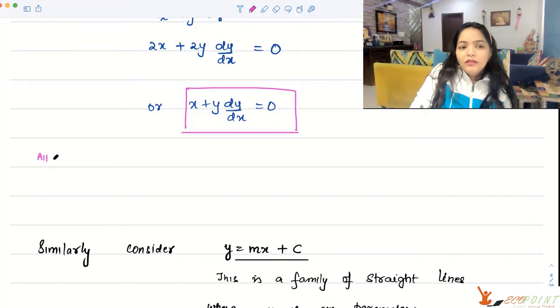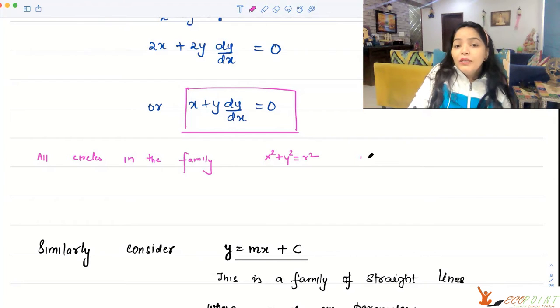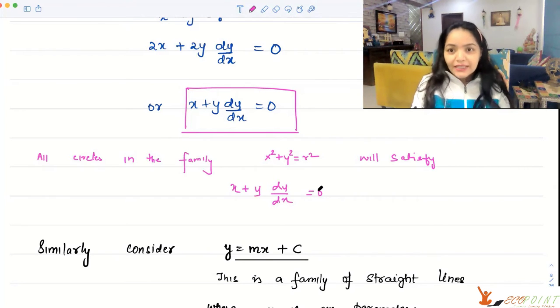So all circles in the family x squared plus y squared equals r squared will satisfy x plus y dy by dx equals 0, right? They will all satisfy this equation whatsoever.